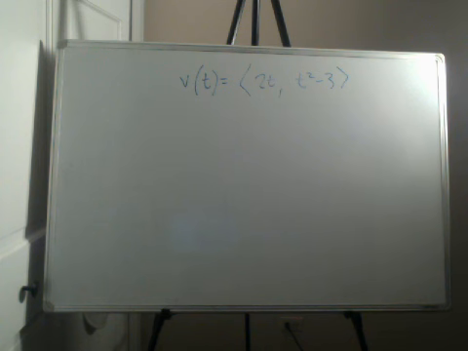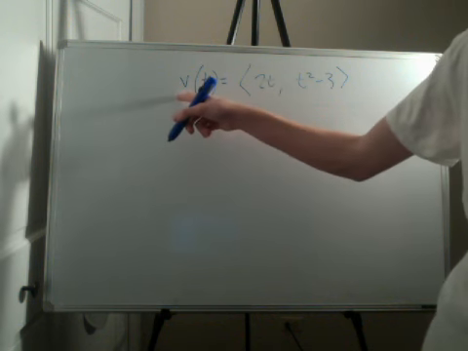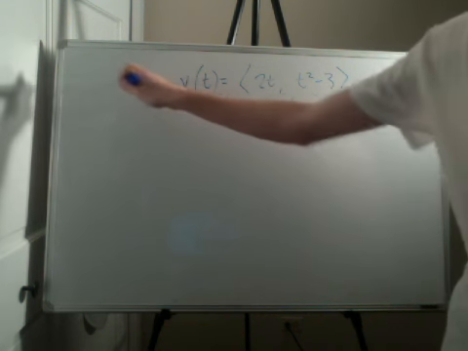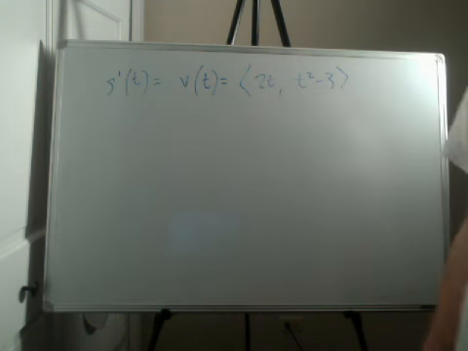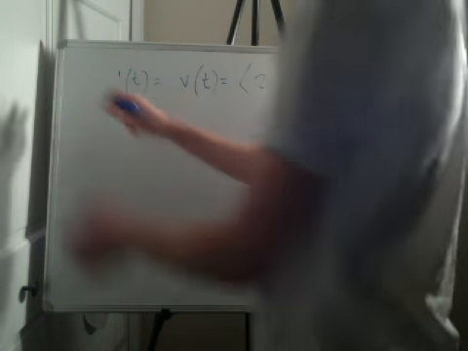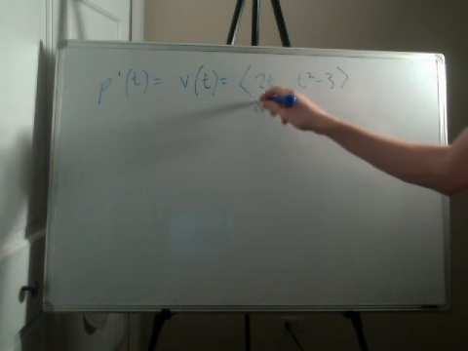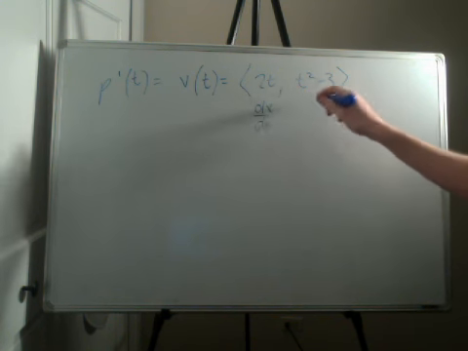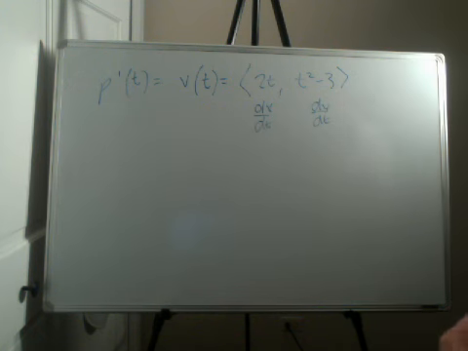To find the acceleration formula, we're going to take the derivative of these. Think of it like this: velocity is the derivative of position. I put position as an S, I don't know why, I'm going to make it a P. Because of this, this can be considered dx dt and dy dt, because typically the p of t would be the normal equation, velocity would be the derivative, and the acceleration would be the double derivative.